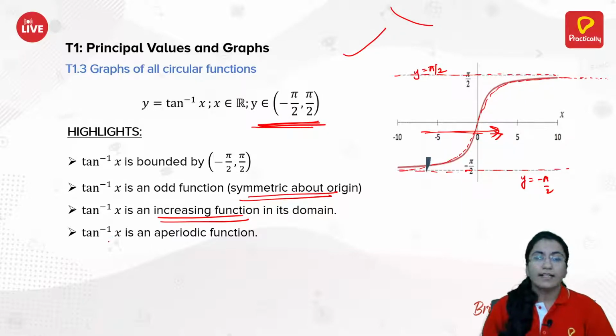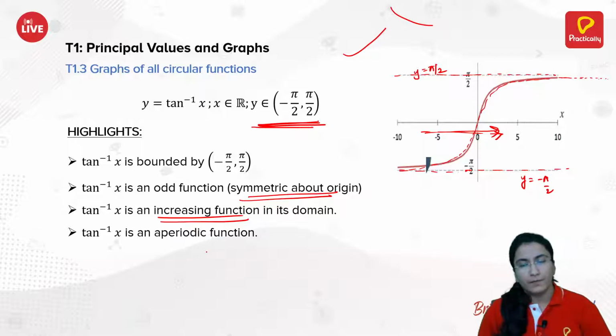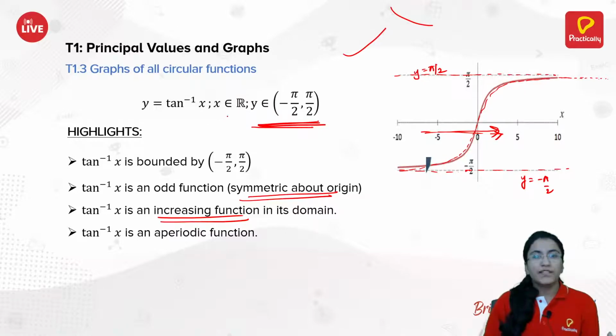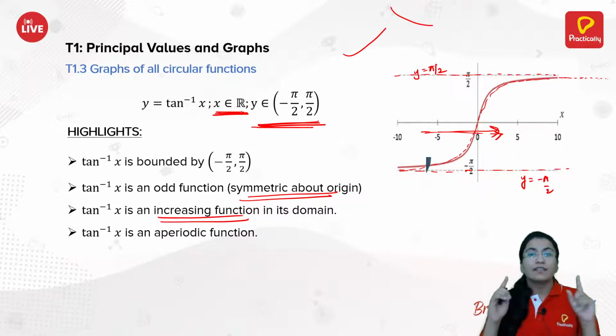Next is tan inverse x is an aperiodic function. Again, you can see from the graph that it is not repeating itself, right? As the graph is not repeating itself, it can't be periodic. Even if you have the domain of the function as complete R, it is not necessary that you will have a periodic function.